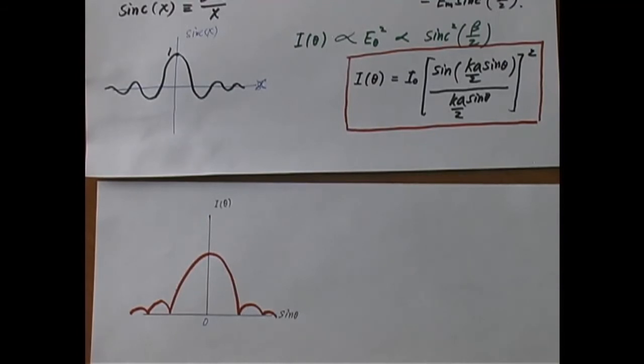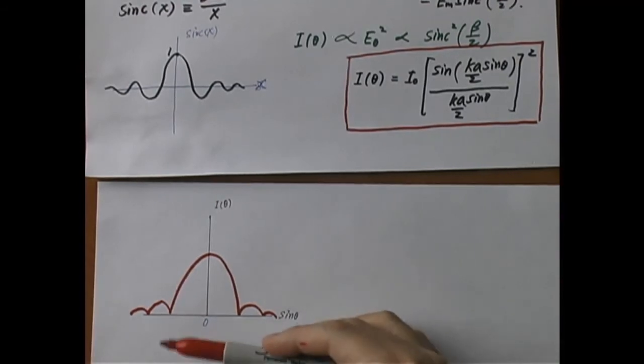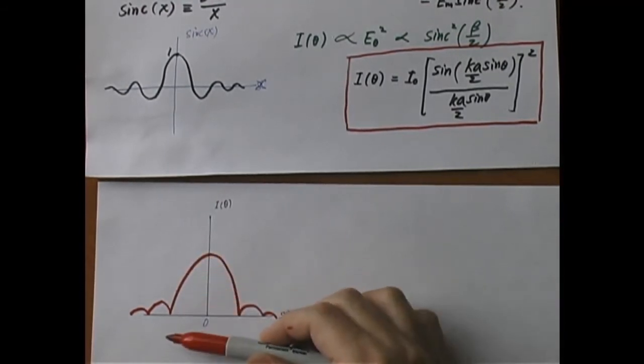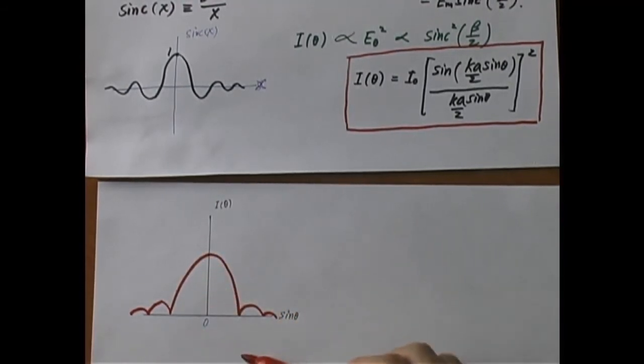Does that make qualitative sense? Well, actually it does. Think about it. This is the screen right here. You have an opening right here, and then here's the pattern on the screen. What you see is a bright fringe in the middle. You know that's where light is aimed at anyway. And then you have some side fringes.